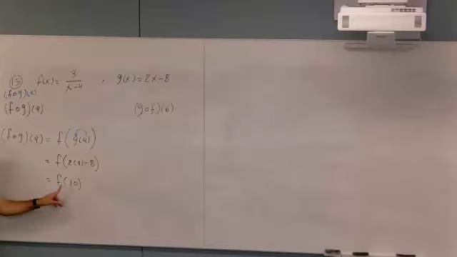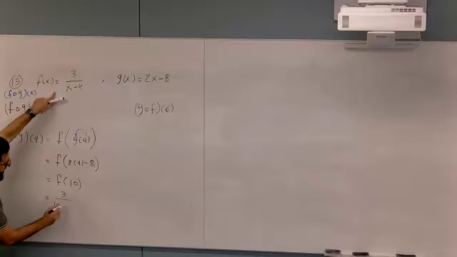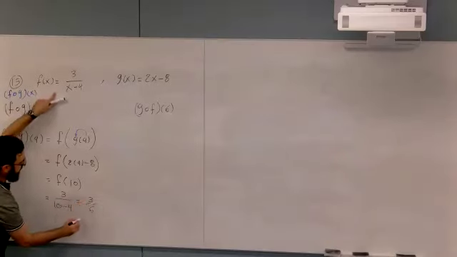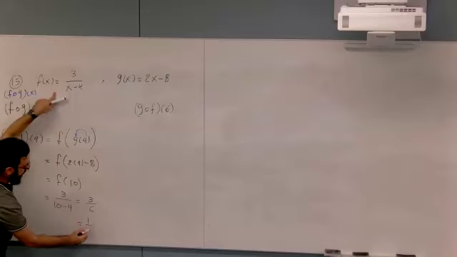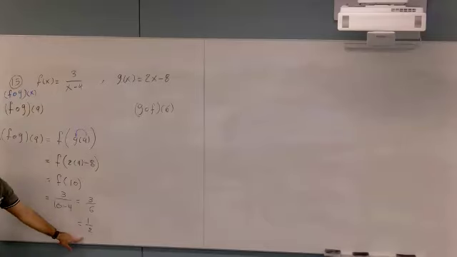Now, 10 plug in where? In the F, which is here. So it's going to be 3 over 10 minus 4, which is equal to 3 over 6, which is equal to half. You get the idea? If you do this one in general and then plug in the 9, it's going to be the same result, half.